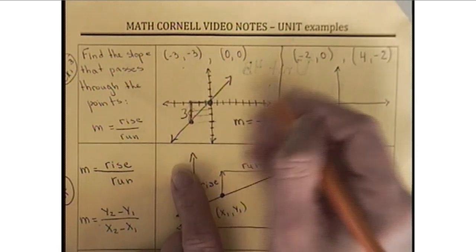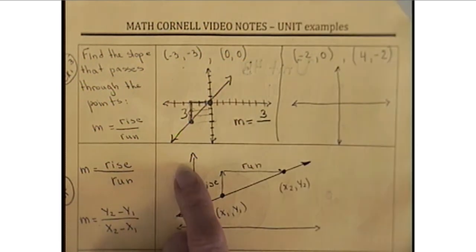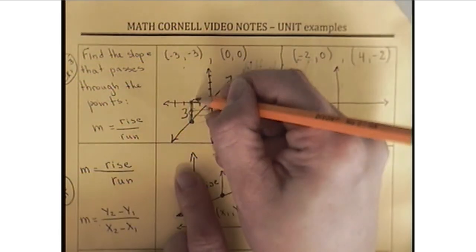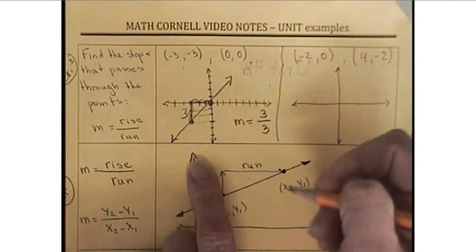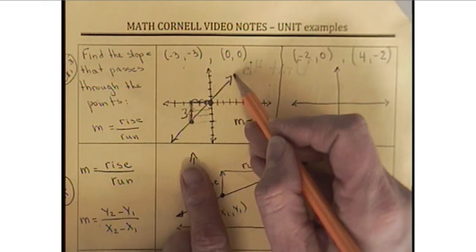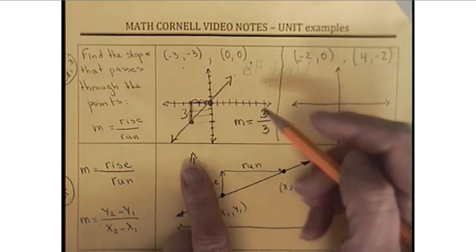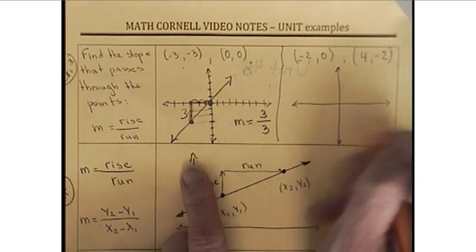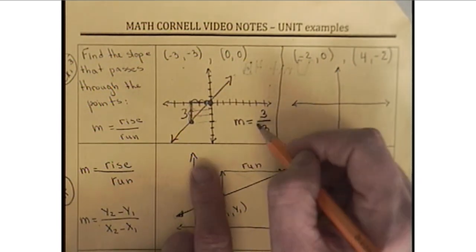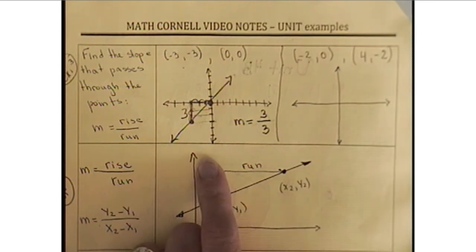So we rise three blocks on the top, and then we run another 3 over here to get to this point. So the slope will be 3 over 3. It goes up, which is positive slope. So we can leave it like that, or we can say m is positive 1 if we want to simplify, but most of the time we may leave it like this for now.